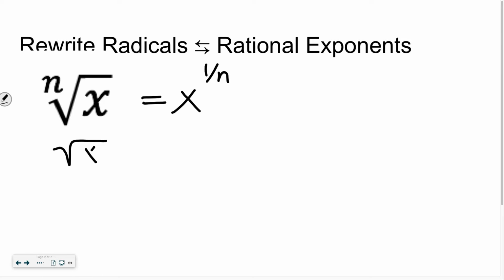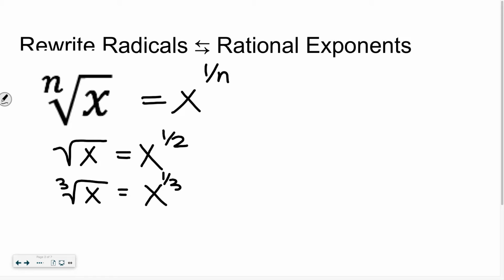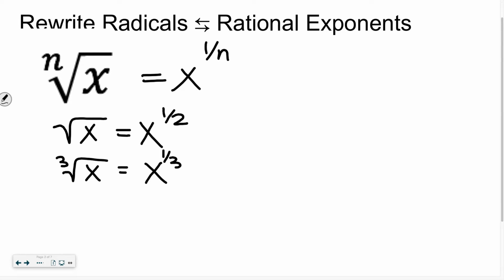If I do the square root of x, that's x to the 1 over 2, because remember, even though I don't see it, the index on a square root is 2. If I do a cube root of x, that's really x to the 1/3. If I do a fourth root of x, that would be x to the 1/4.